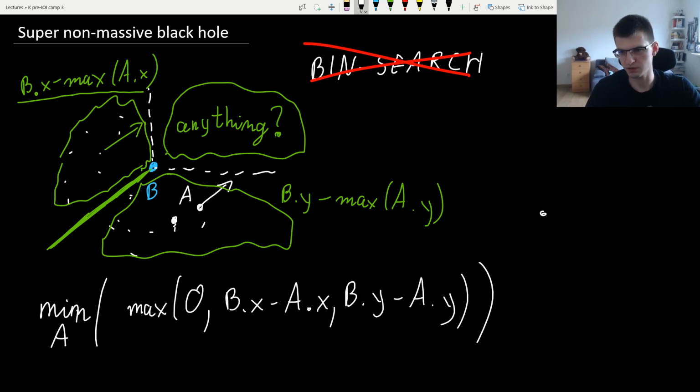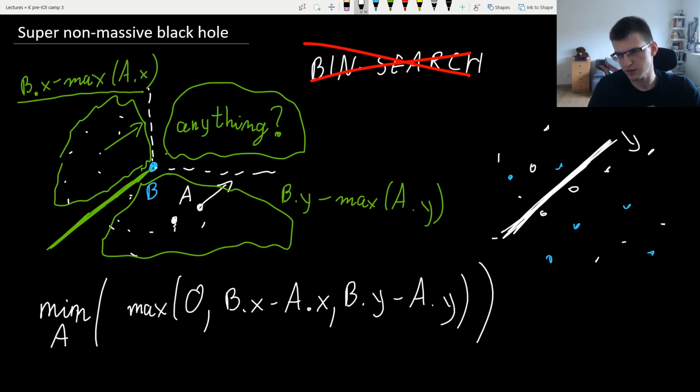I have the points. Also those blue ones, B. I sweep with this line like that, so it slowly moves in this order. And when there is a point B, I ask, was there already some point?